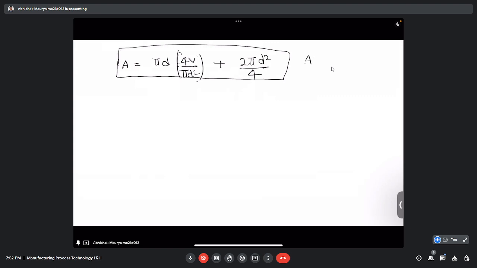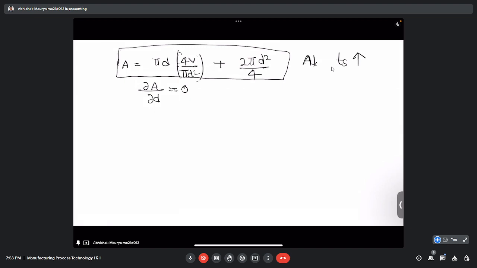So we want to minimize the area so that we could increase the solidification time. For that, we take the derivative of area with respect to diameter, and we put it equal to 0 in order to find the minimum.